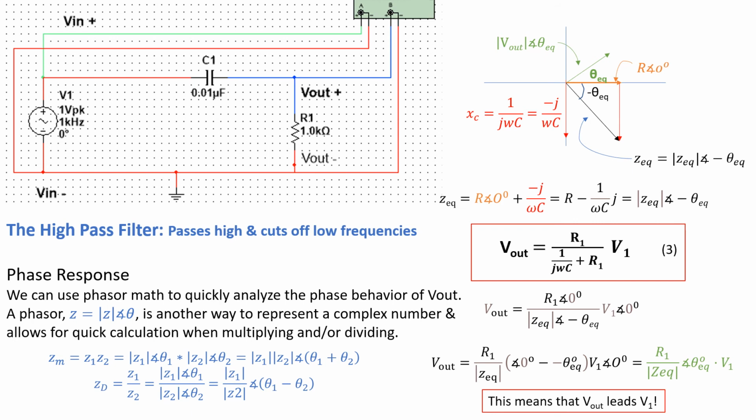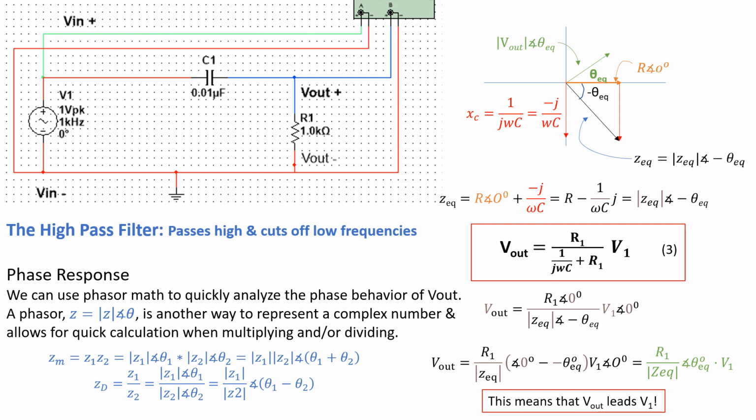So xc is a vector that sits on the imaginary axis and points vertically downwards. The denominator is the sum of the orange and red vectors, and it has a negative angle, which we call theta sub eq for theta equivalent. The actual numerical value of this angle will be worked out later. Right now, we just want to know the sign of the angle, which happens to be negative.